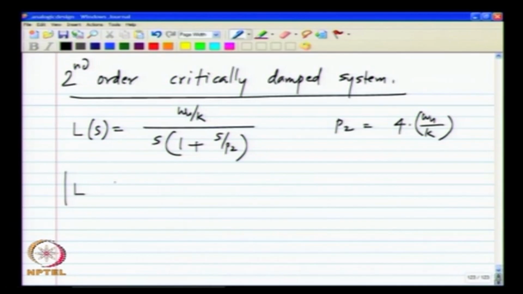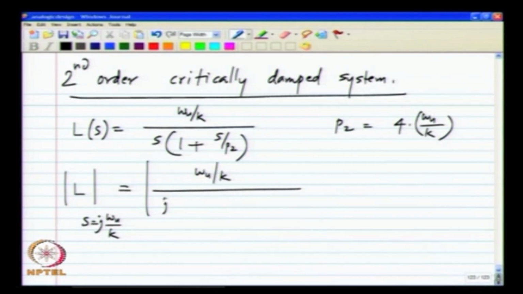Now, we can calculate exactly where the magnitude of L becomes 1, but just for simplicity I will do something slightly different. I will just look at what happens at s equals j omega u by k, and at this point the magnitude is omega u by k divided by j omega u by k, times the magnitude of 1 plus j omega u by k divided by p 2. And p 2 is nothing but 4 times omega u by k.